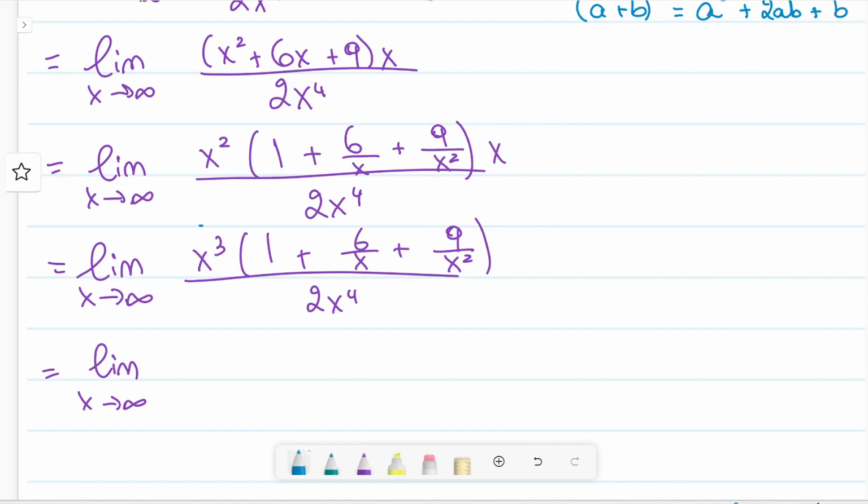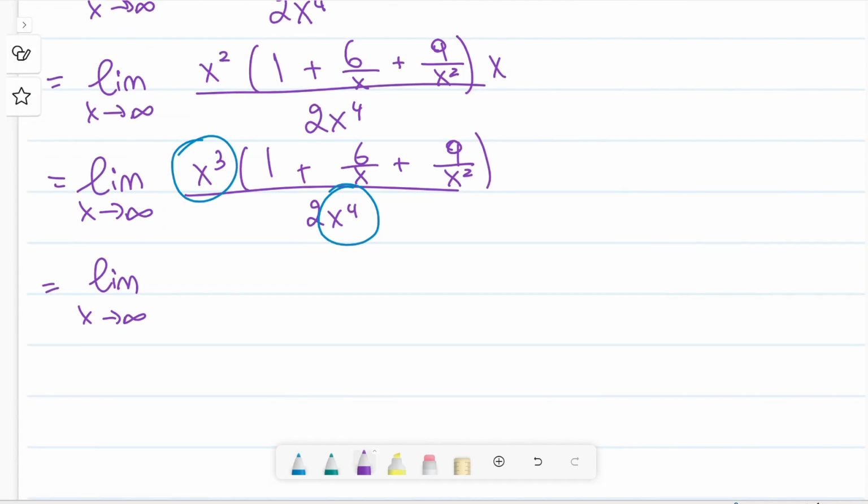So we have x in the numerator and then x in the denominator. We can subtract the powers. We get x to the power of -1 because 3 minus 4 is -1, or we can write it in the denominator. In the numerator, we get 1 plus 6 over x plus 9 over x squared.